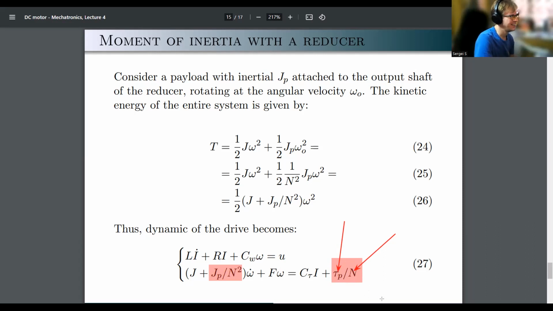Not so much, right? So it's quite small, quite a small change. And that is why a big motor with a big reduction ratio would not feel much the change of payload, right? Because it is going to be made small by this reduction ratio. Okay.